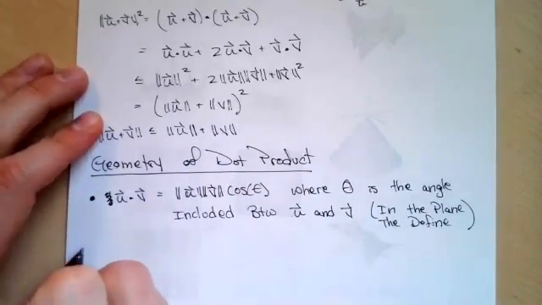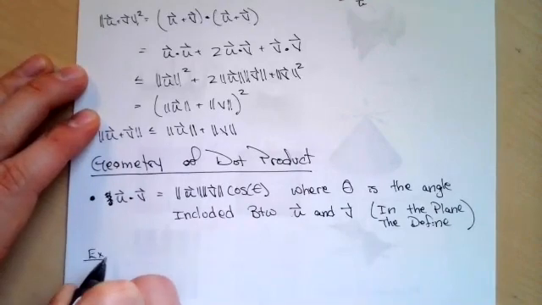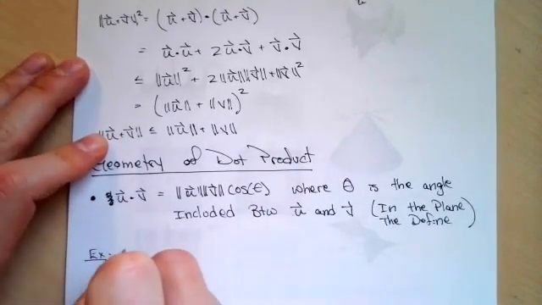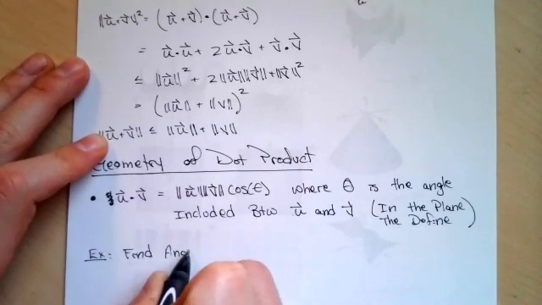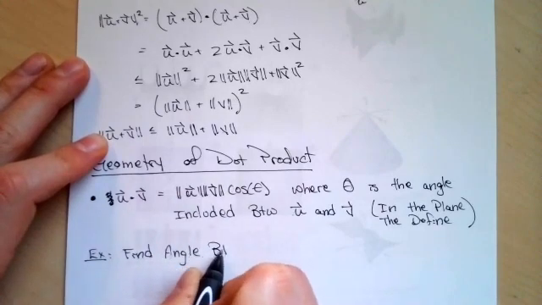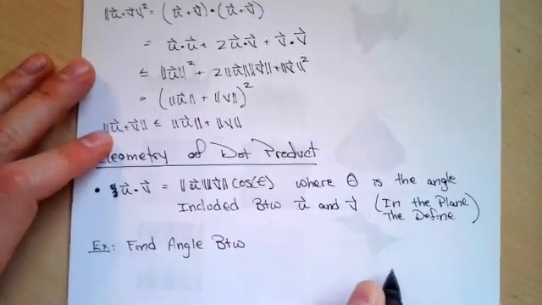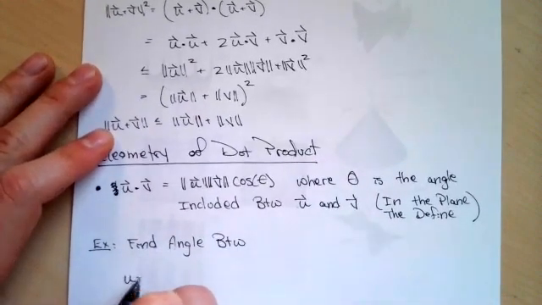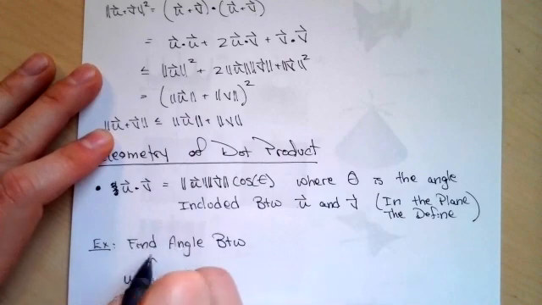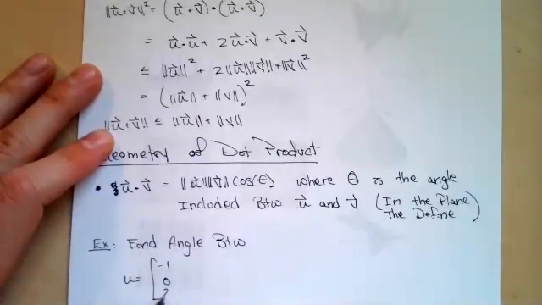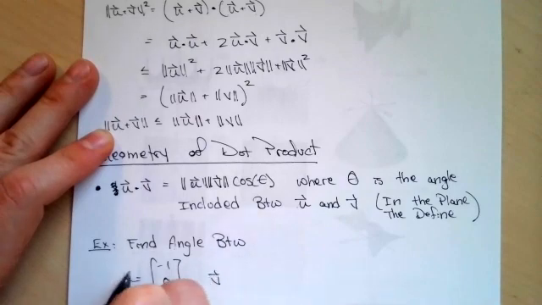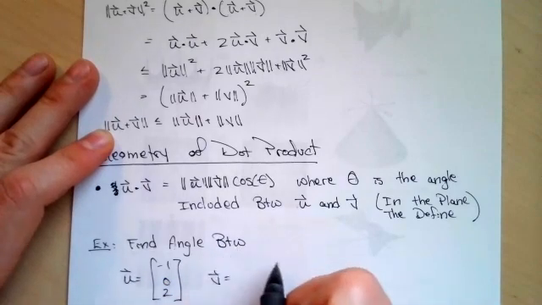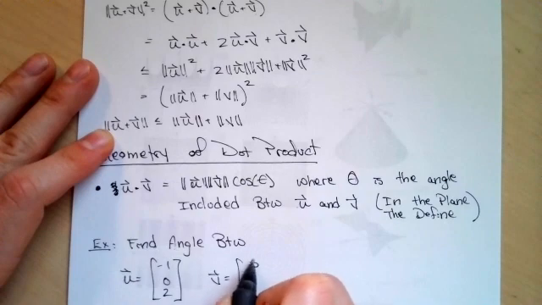So, basic examples. Find the angle between u equal to (-1, 0, 2) and v equal to (5, -2, 3).